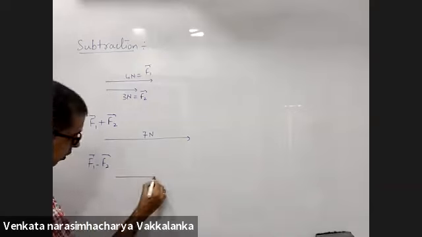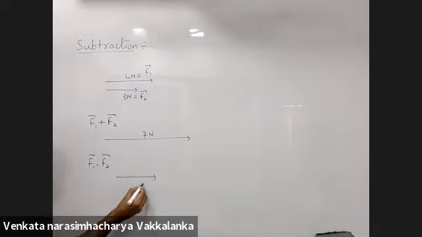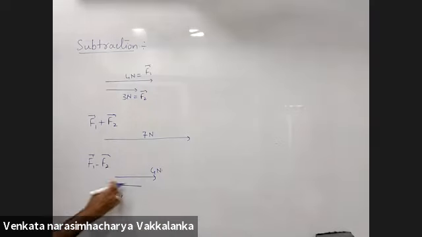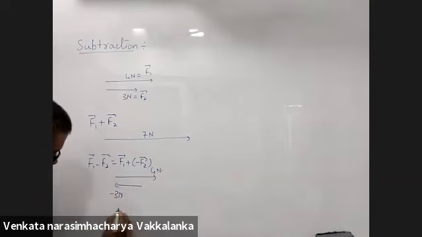F1 is 4 Newton in this direction, minus F2 will be this, minus 3 Newton. This is F1 plus of minus F2. Right? Now when I add both of them, I will get 1 Newton in the direction of the 4 Newton force.